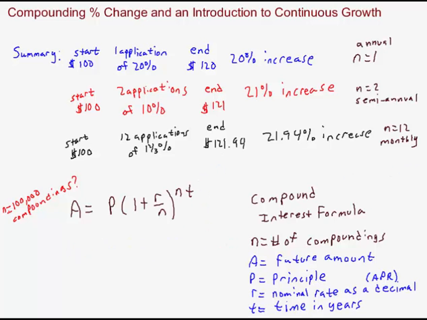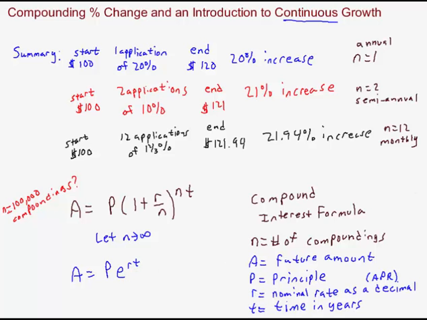Now, I'm not going to show you the calculus maneuver that converts this formula into what's called the continuous compound interest formula, but suffice it to say, if you took this formula and you let n approach infinity, what you get is a new formula. It's read A equals P e to the rt. It has all the same variables except for one.